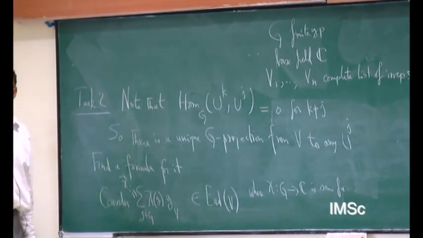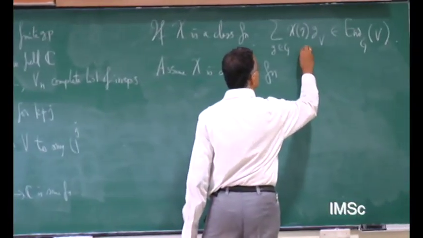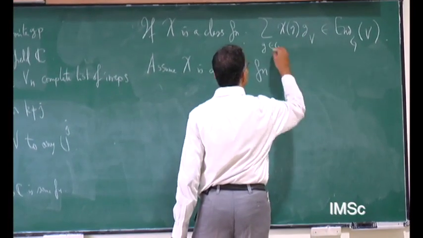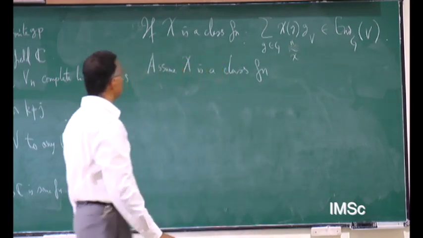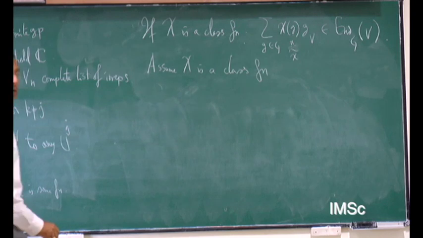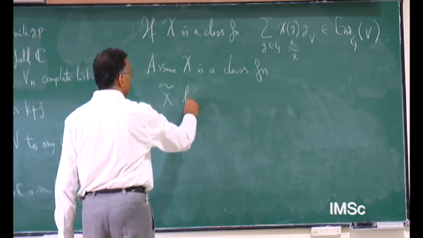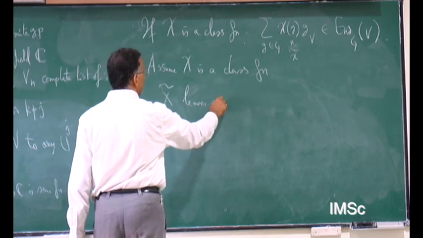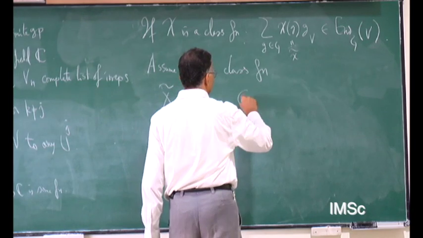Chi is a class function, so chi tilde is its corresponding operator. So chi tilde leaves every G-invariant subspace of V invariant.